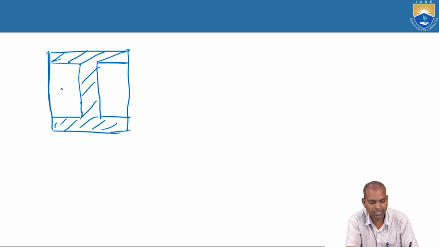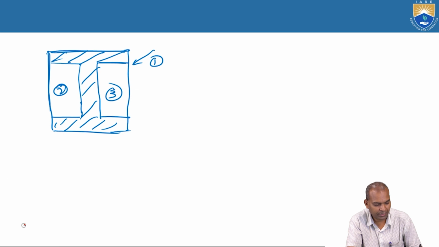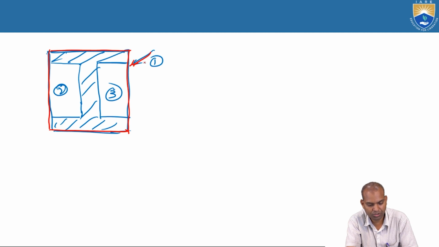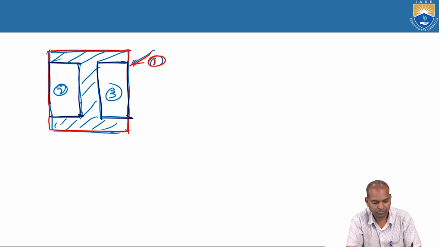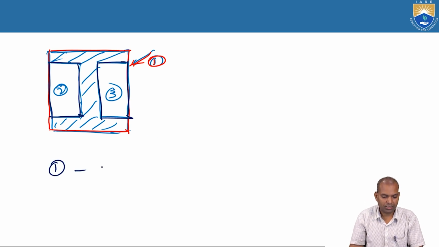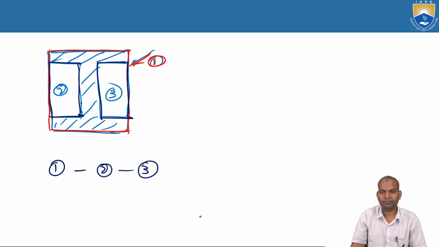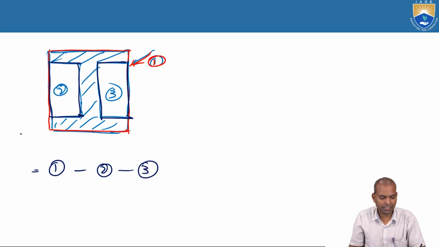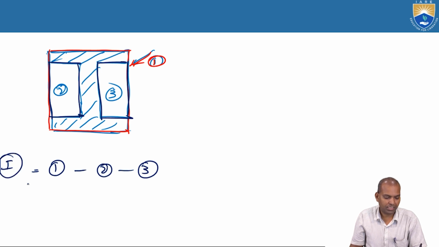From that, if you subtract 2 and 3, yes, then we'll get it. The rectangle portion 1, from that, this is 1 portion, and these 2 portions, if you subtract, so 1 minus 2 minus 3, then we'll get the total portion of the I section.